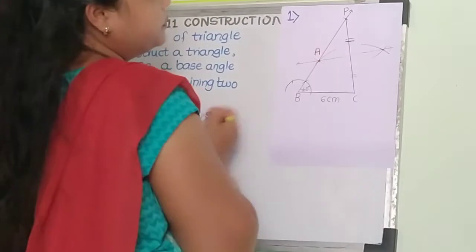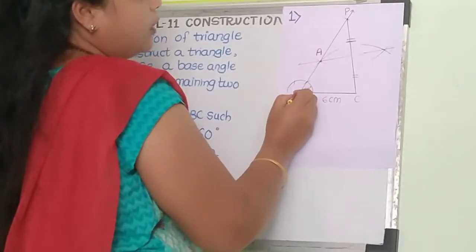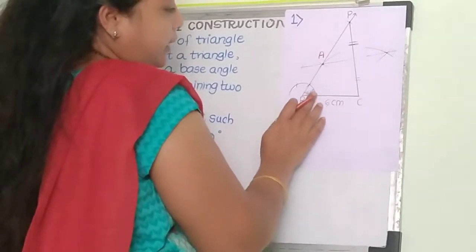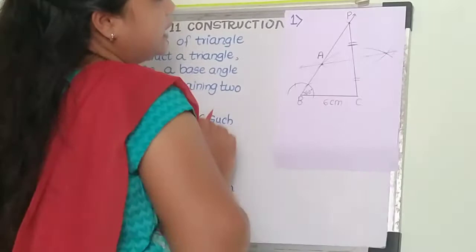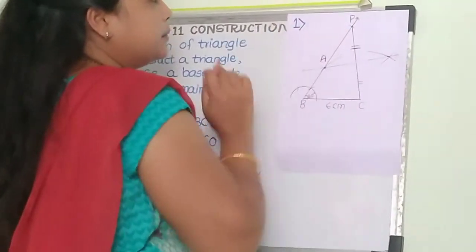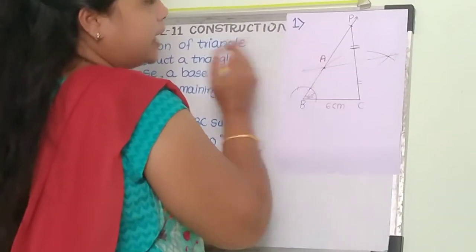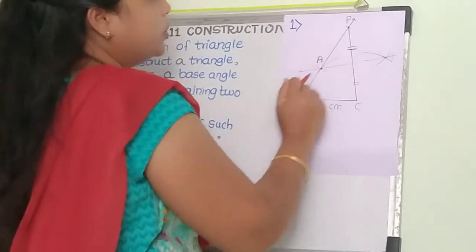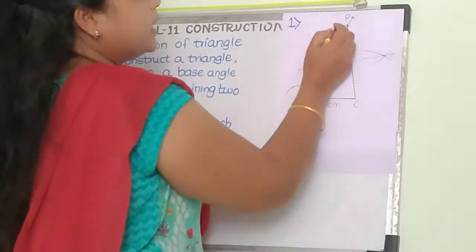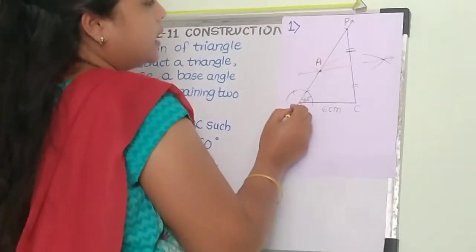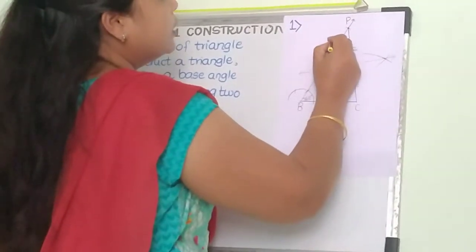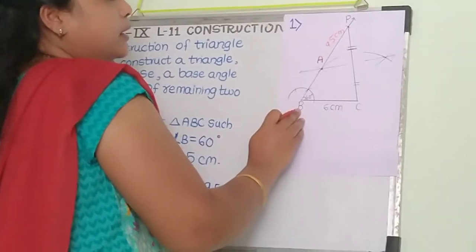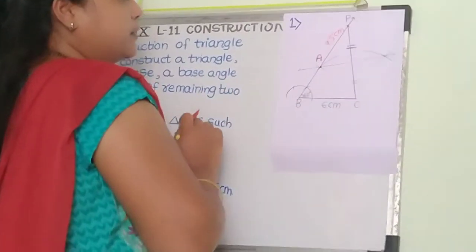So see here, first I draw BC, then I draw angle B, which is 60 degrees, then I extend this ray, the arm of the angle, or we can say one side of the angle we are going to extend. Then we take point P such that BP equals 9.5 centimeters.